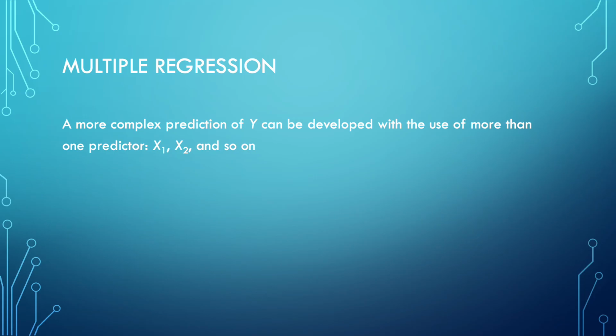Lastly, we're going to talk a little bit about multiple regression. Multiple regression is a much more complex prediction of y that can be developed with the use of more than one predictor. It's using multiple x's to predict y. We could look at pull-ups and chin-ups to try to predict weight, as one example.